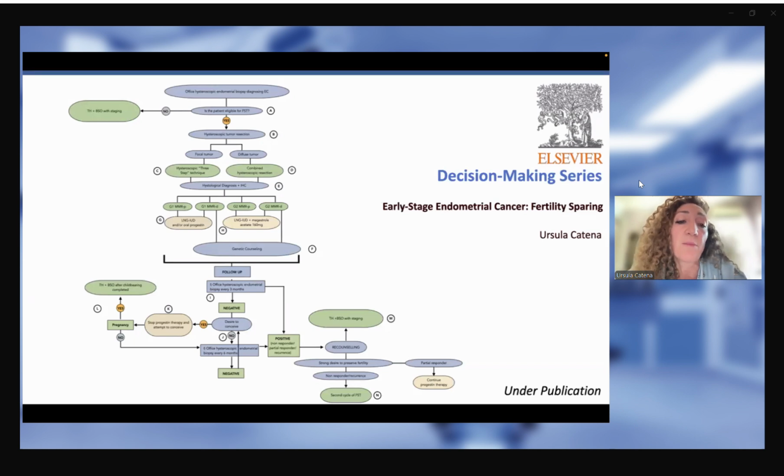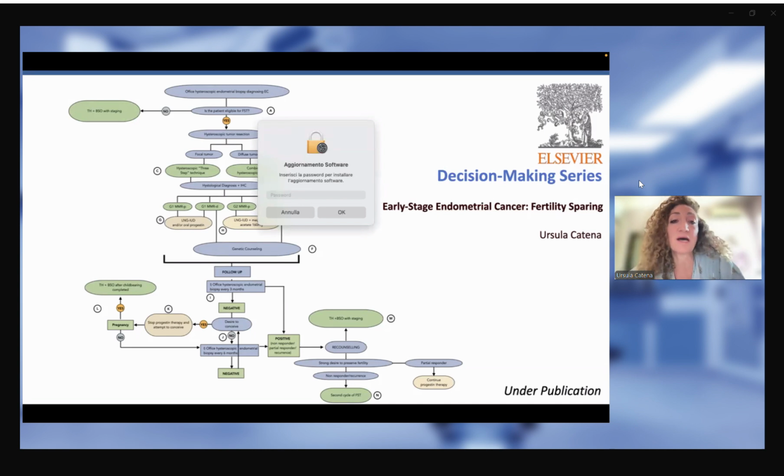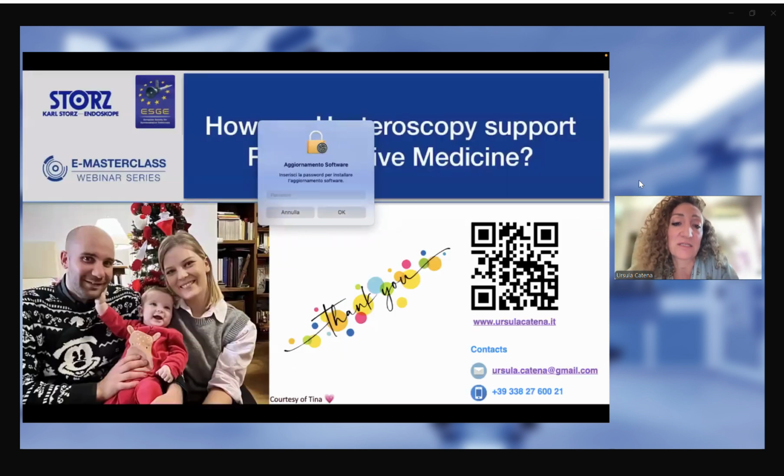And our follow-up is office hysteroscopy and endometrial biopsy every 3 months. After 2 consecutive negative biopsies, patients who are ready to try to conceive will do it. Otherwise, if they are not ready, they go on with the biopsy every 6 months.